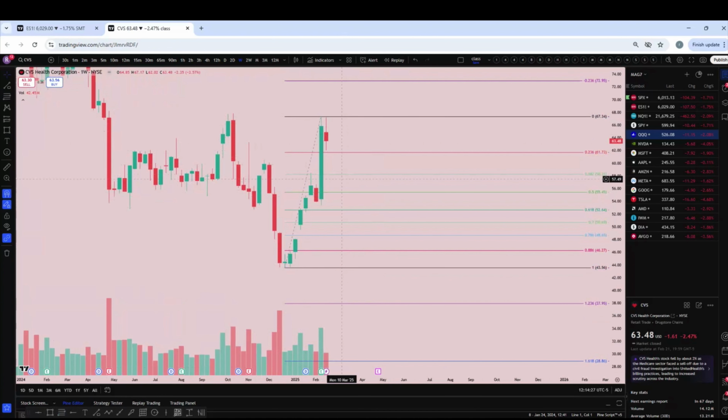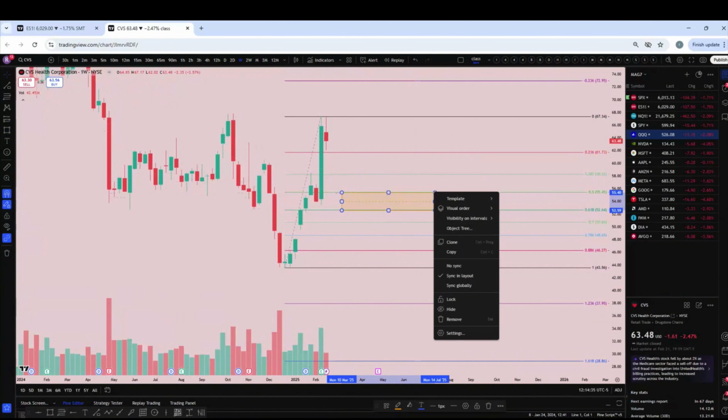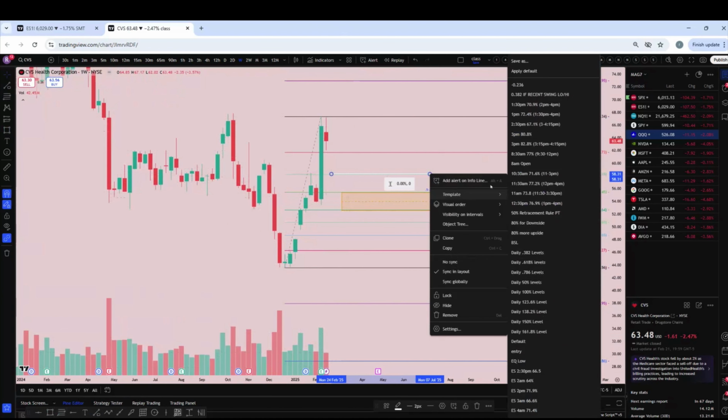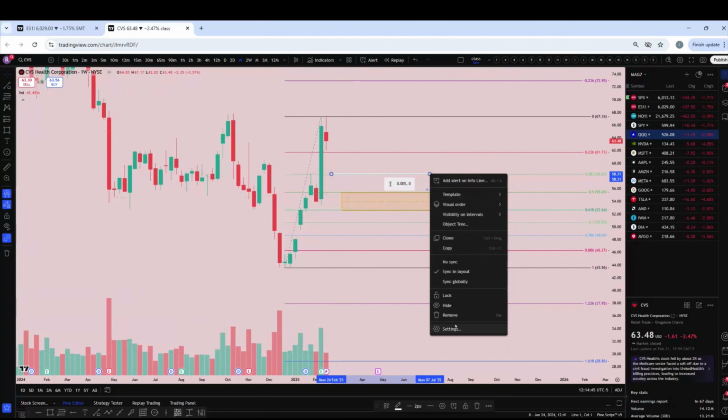And then the next one would be 55. That's coming down. So we'll mark out this level here, and then we will mark out this as our first big level, 0.382.